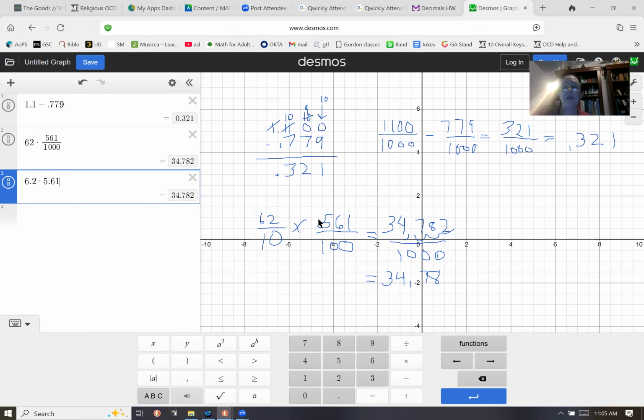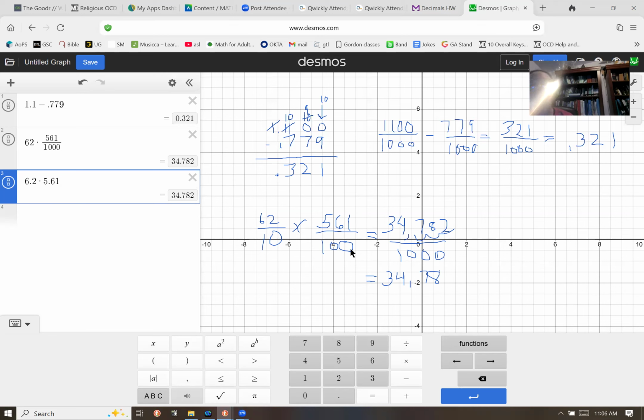Well, we did that here. 62 times 561 was 34,782. And then you move back by however many decimal places there were. So I see there's 1, 2, 3 decimal places in this problem. One of them is from the 6.2, 2 of them are from the 5.61. Move back 3 decimal places, boom, boom, boom. There you have it, 34.782.